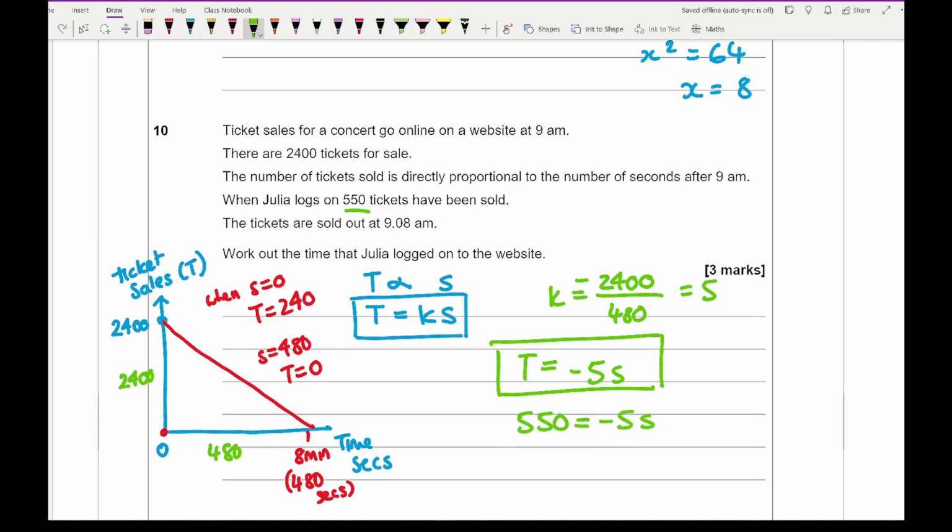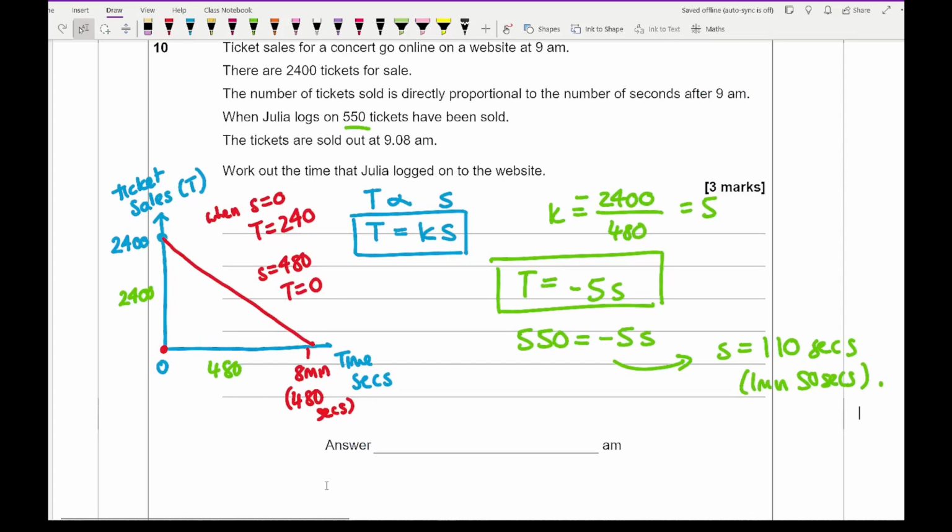So then if I do some division, we work out that S is going to equal 110 seconds, which is 1 minute and 50 seconds. So then all I need to do is add that to the start time of 9. So the answer is going to be 9:01 and 50 seconds. Now the mark scheme does allow you to say 9:02 if you did round it up to the nearest minute.